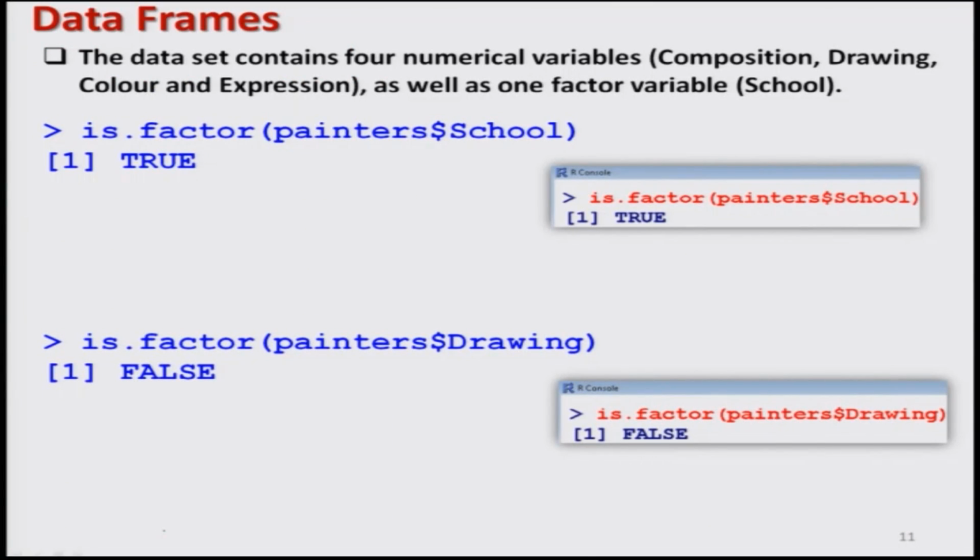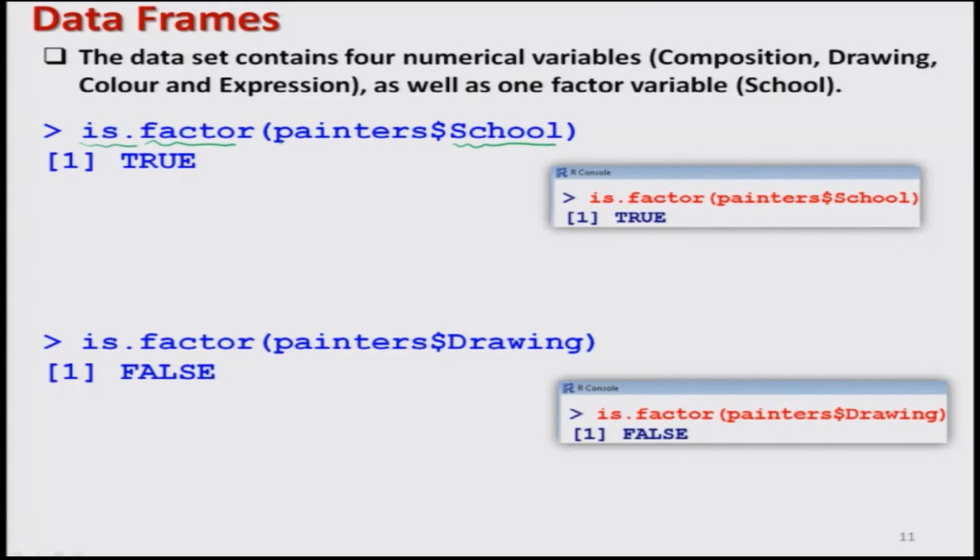And similarly, if you want to go for another option, for example, I would like to check whether the school variable contained in painters is a factor. So, I can use the command is.factor, and inside the arguments I use the same rule: name of the data set, separated by a dollar sign, and the name of the variable.